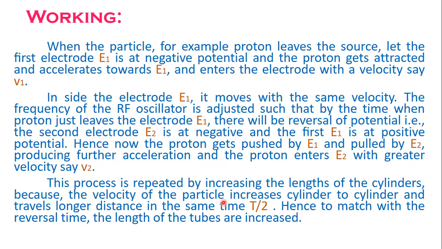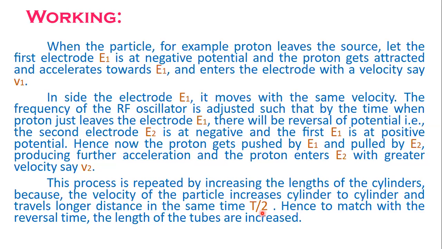This is possible because the process is repeated by increasing the length of the cylinders. The velocity of the particle increases from cylinder to cylinder, and the particles will travel a longer distance in the same time.